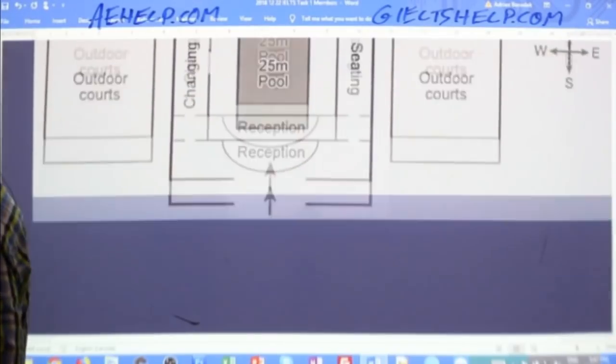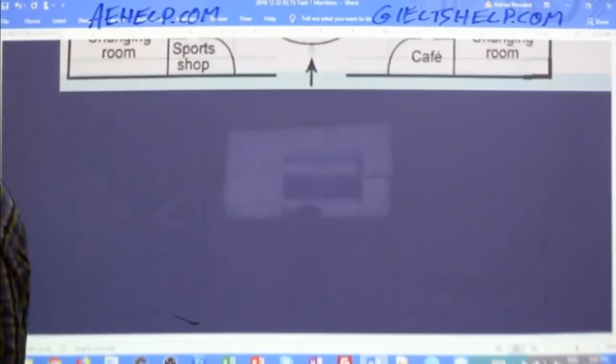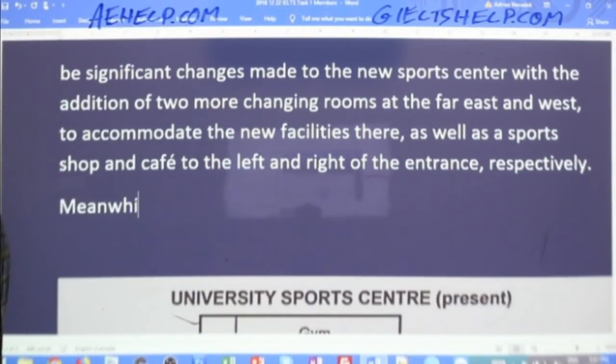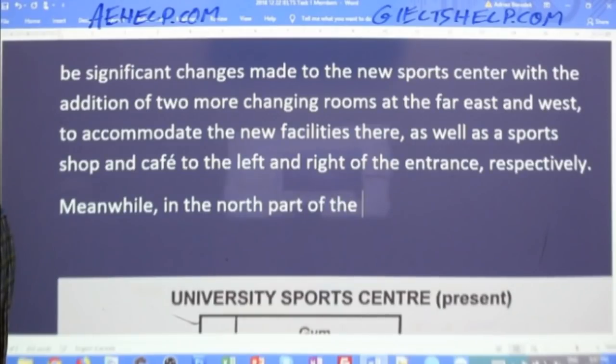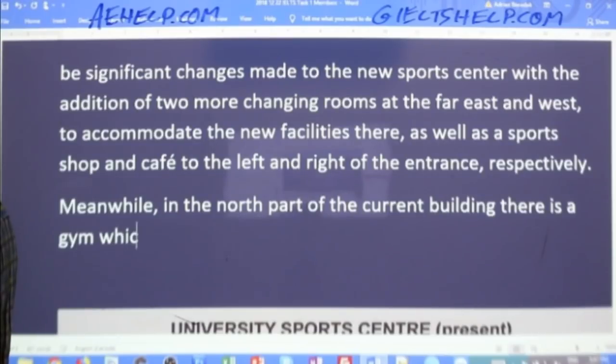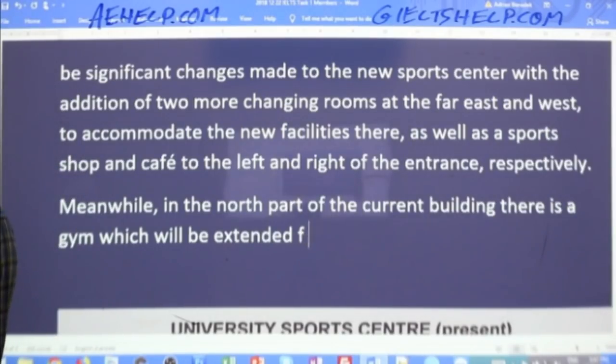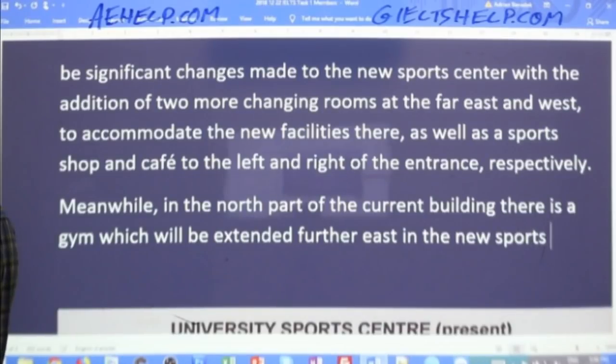Okay, meanwhile, in the north part of the current building, there is a gym which will be enlarged or extended further east in the new sports center.